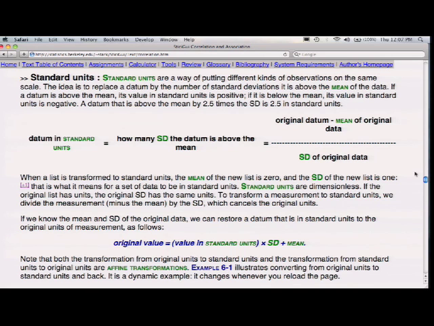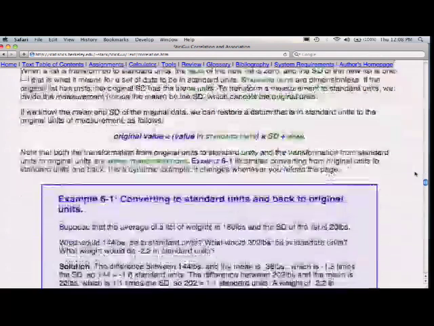So the multiplicative constant is this, and the additive constant is minus that, right? So this is an affine transformation. Okay, and you can go back and forth. If you have the value in standard units times the SD plus the mean, that takes you back to the original units of measurement. All right.